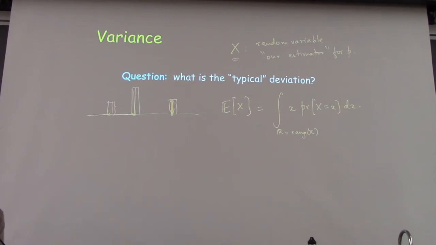If it's discrete, it's just a summation. This is how we define the expectation. Now, if you have a random variable like this, then presumably the expected value will be something over here.